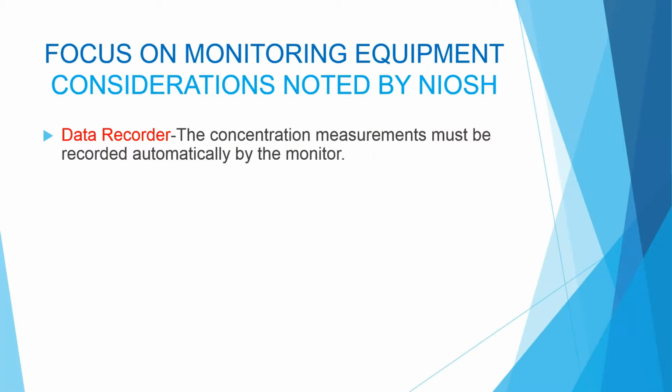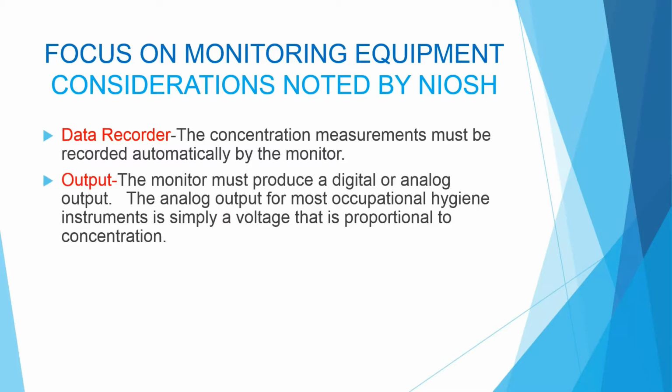Now let's focus on the next key component of the VEM system, the monitoring equipment. Of course, the direct reading instrument must have a data recorder to automatically record the concentration measurements or other data points. The monitor must produce a digital or analog output.